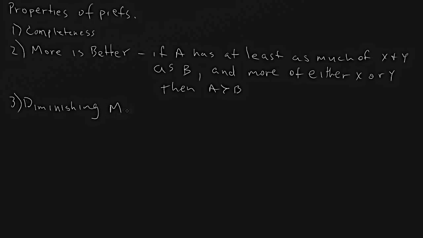The third property is called diminishing marginal rate of substitution, or MRS, diminishing MRS. What the marginal rate of substitution is, is that if I'm at any one bundle, the amount of one good that I'm willing to give up for the other good depends upon how much of the first good I have.